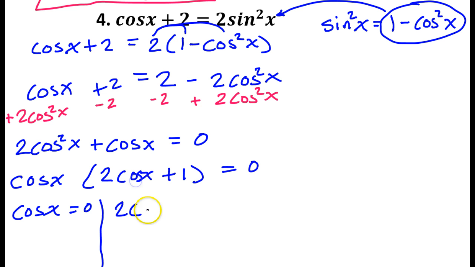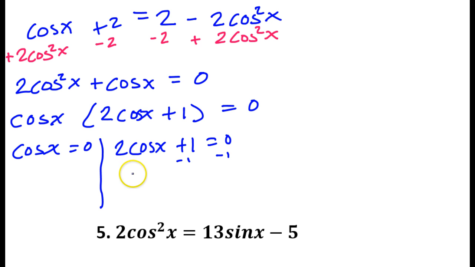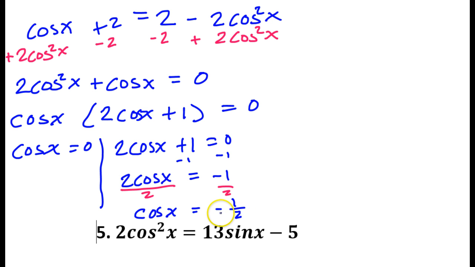Oh, I'm missing an s in there. So cosine x plus 1 is equal to 0. So here, if I subtract 1 from both sides, that's going to give me 2 cosine x is equal to negative 1, and then if I divide by 2, I'm going to get cosine x is equal to negative 1/2.